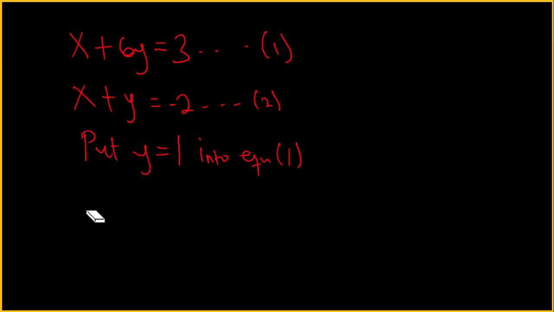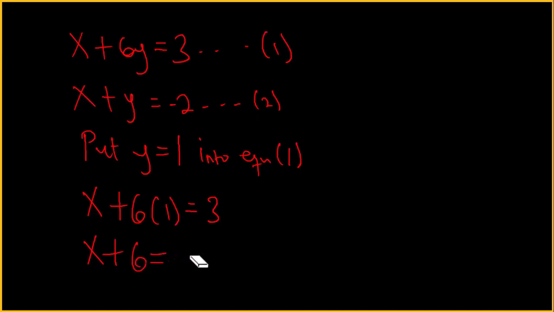Now we have x plus 6 times 1, which is our y, equals 3. So x plus 6 is equal to 3. And now we want our x value.